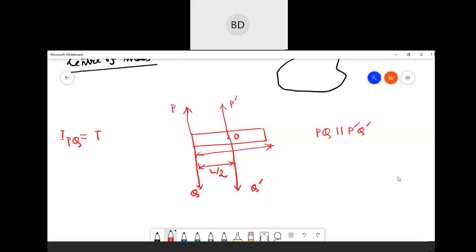Moment of inertia about the center of mass, that you have to find out. Center of mass means here it will be O, plus, let the mass of the bar be M. So ultimately it will come M into, and let us consider this distance. How much will it be? How much is the distance?